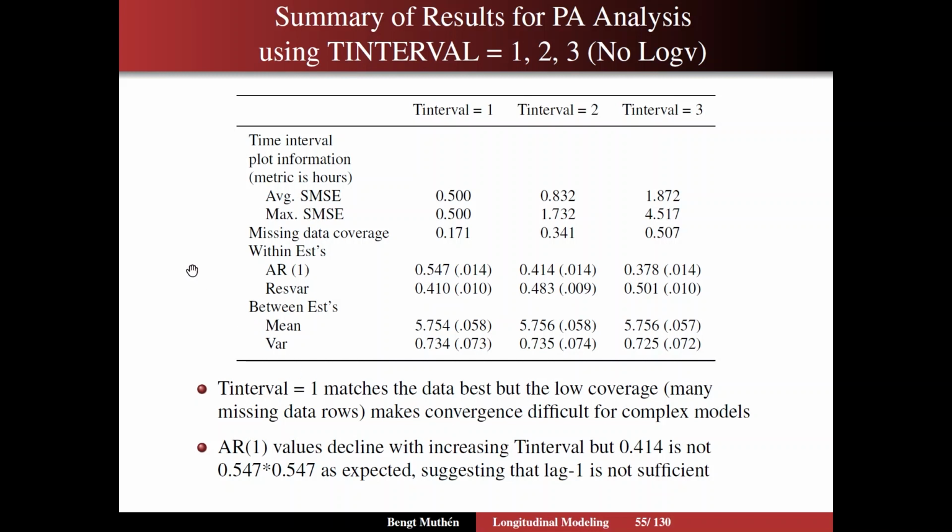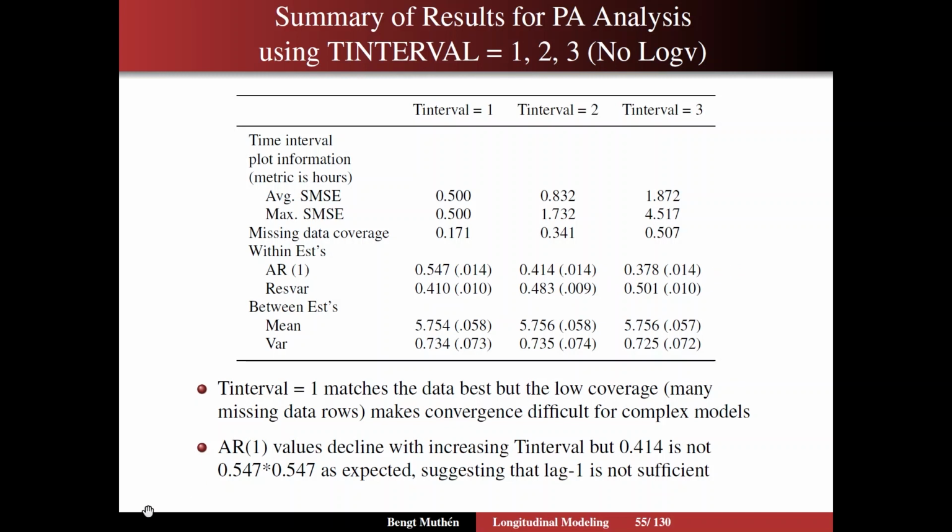And then you can also take a look at the within estimates, the autoregressive coefficient, which is higher for close measurements than it is for measurements further apart. So it's natural that it goes down with larger distances here.